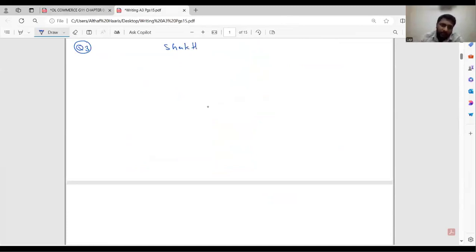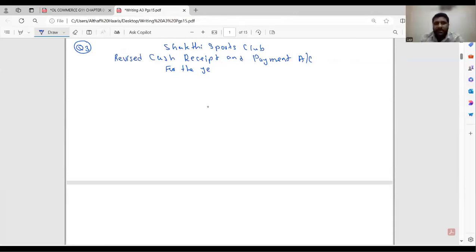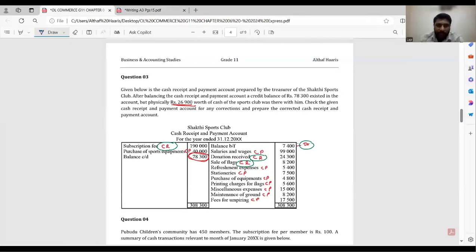Shakti Sports Club, revised cash receipt and payment account for the year ended 31st December 20XX.